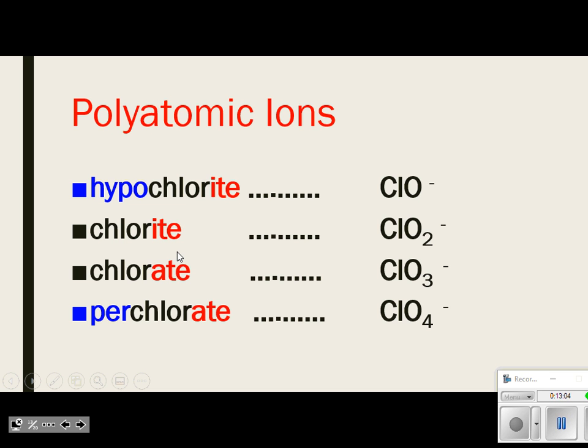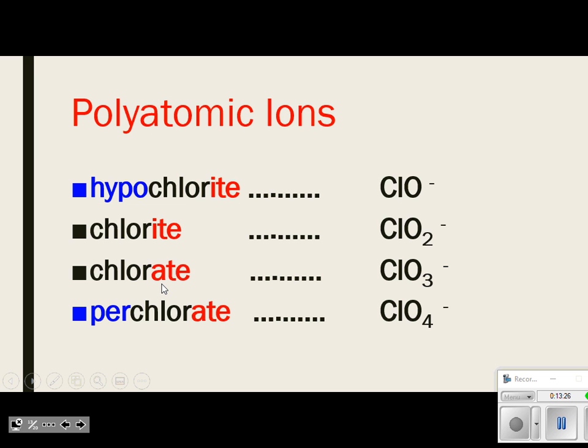Ella, what do you think? BrO, 1 minus, right? So if you just look, the reason I use these chlorites and chlorate is because they're all right in a row on the PAL. So you've got a visual right there that you can see it.